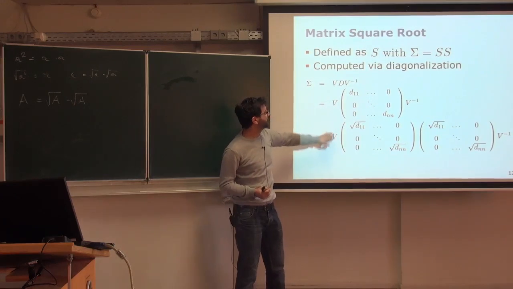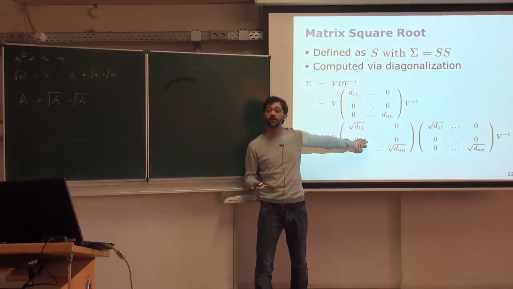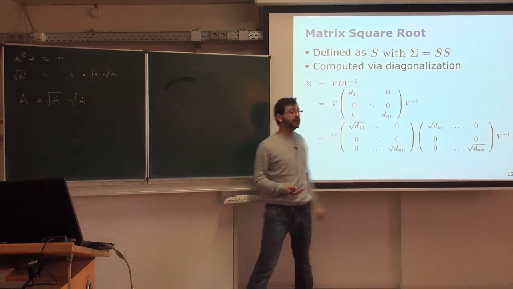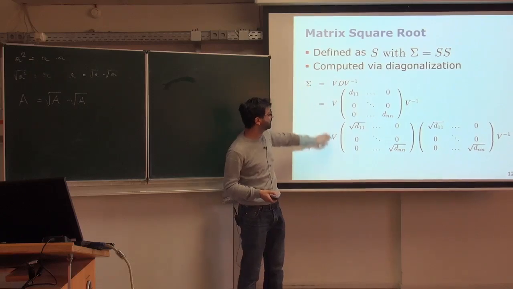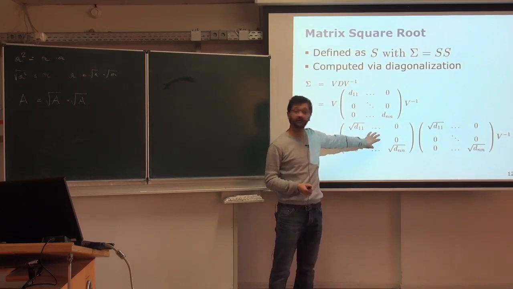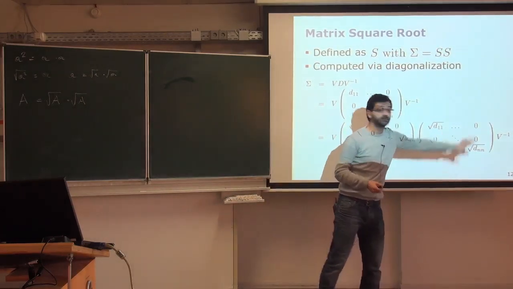We can write it in this way. So we have V, we have a diagonal matrix. We can take a square root of a diagonal matrix easily. We can just take the square root of the elements of the diagonal. And now we have a nice decomposition of sigma, which has a part here, which is V something, and then here we have again this something with V.